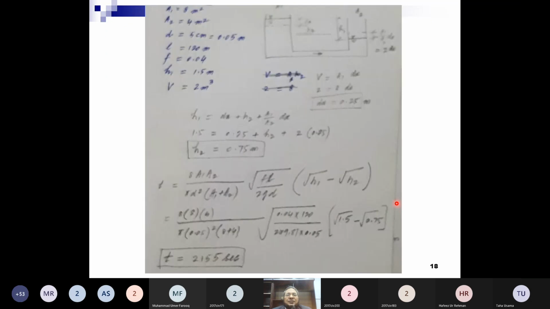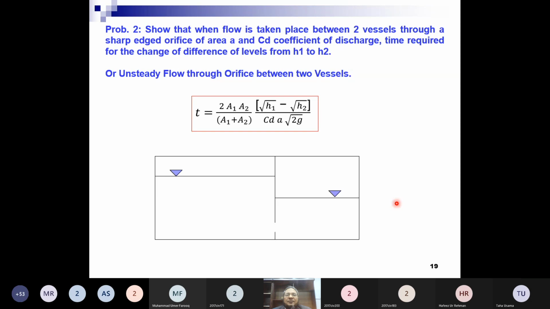The next equation which we have derived is when the two tanks are connected with an orifice, then the emptying time is 2 a1 a2 over (a1 plus a2) into under root h1 minus root h2 over Cd a root of 2g. So these equations we have derived today, and we also solved numericals to understand them.